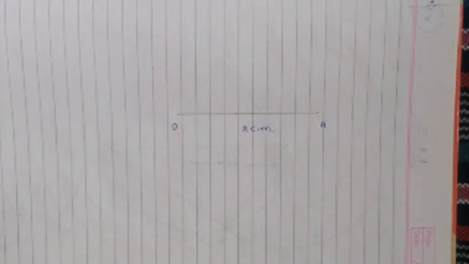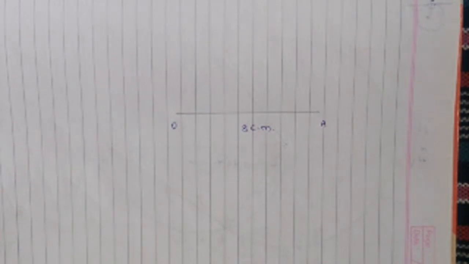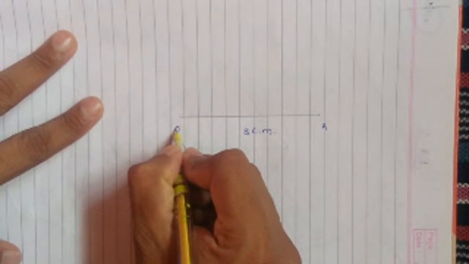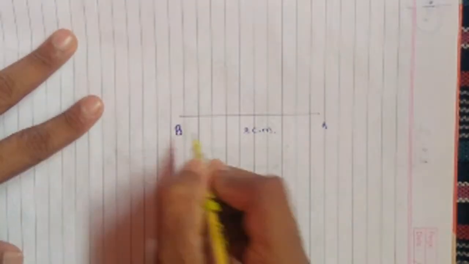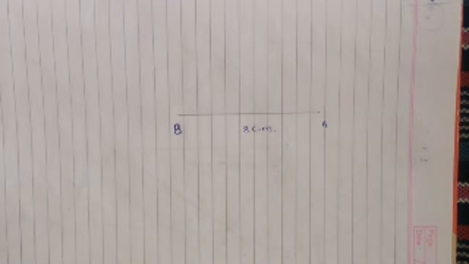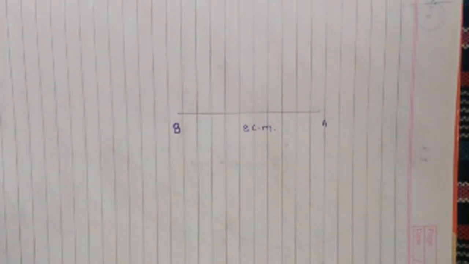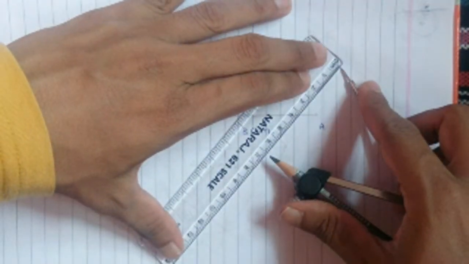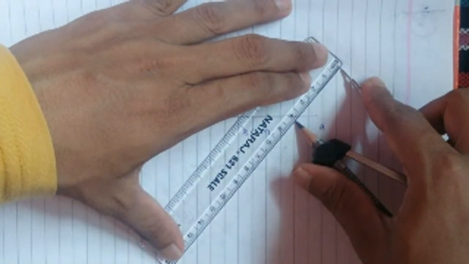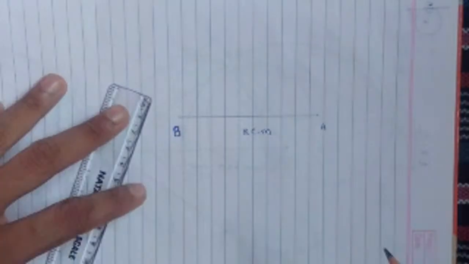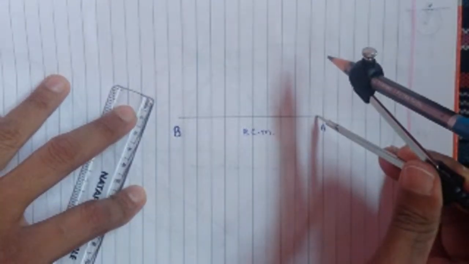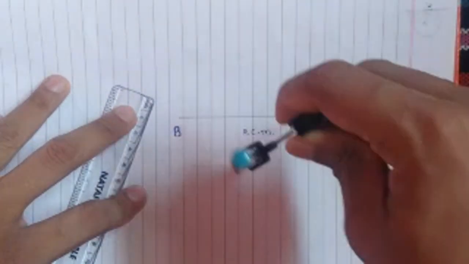The next step: they give AB, so I'll call this B. AB length is 8 centimeter, and taking A as the center, draw a circle of radius 4 centimeter. Radius is 4 centimeter. That means I have to draw a circle of radius 4 centimeter from point A, that is taking A as the center.